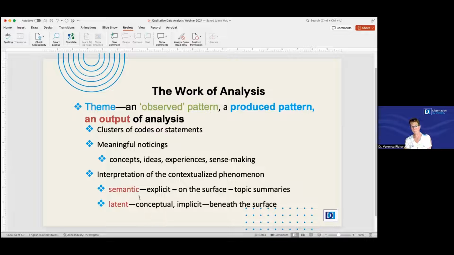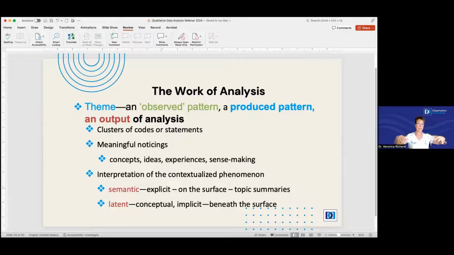Down here on interpretation, I just want to give a nod to semantic meaning and latent meaning. If someone is doing a descriptive thematic or just a descriptive study, they are very much on the semantic level. We are just looking for the facts.